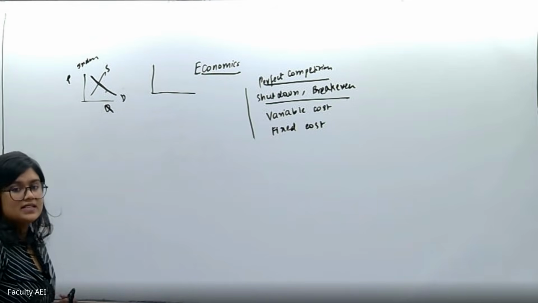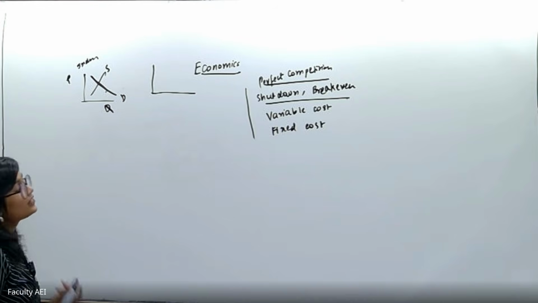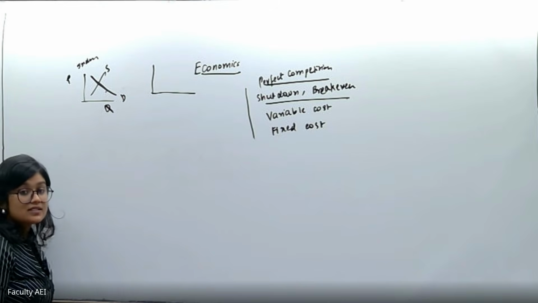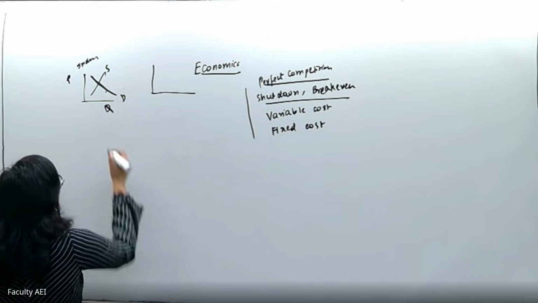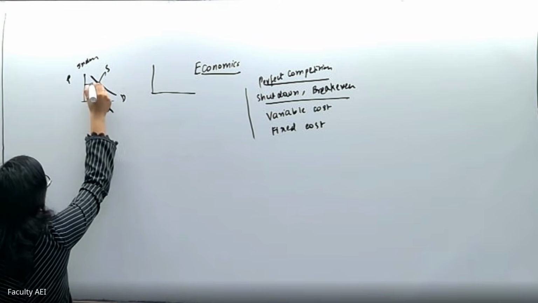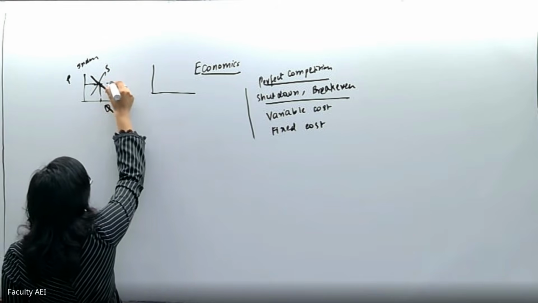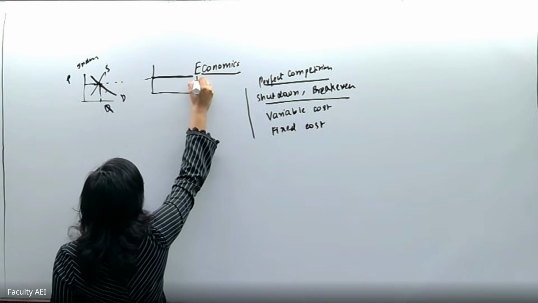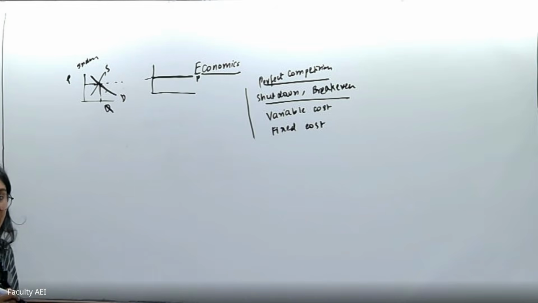Demand is downward sloping, supply is upward sloping, because if the price of the commodity increases, the demand will fall, and vice versa. If the price increases, the supply will increase. Now, if demand and supply at the industry level decide this price, all the firms would have to sell at this price.